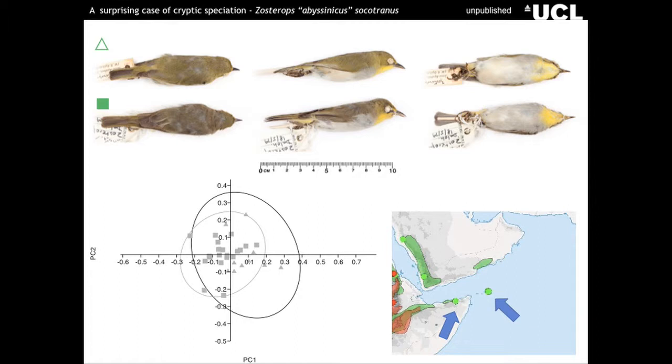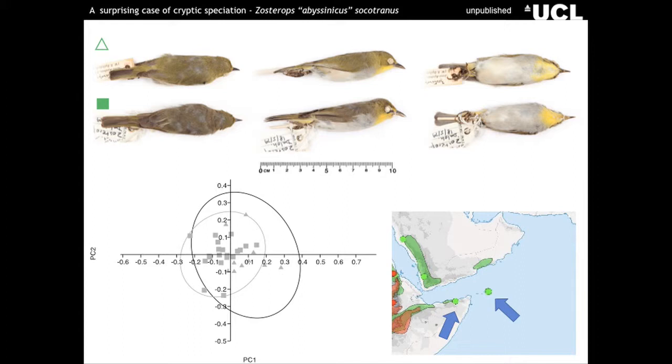But they're at either ends of the phylogeny, aren't they? There's a massive, deep genetic divergence between birds that were collected from the island of Socotra, which is here, and birds found on the mainland in Somalia, here.